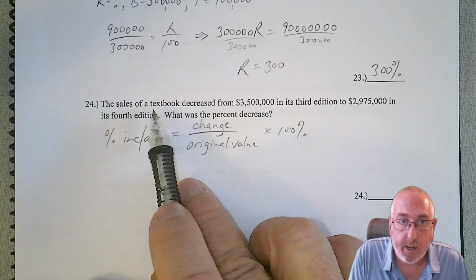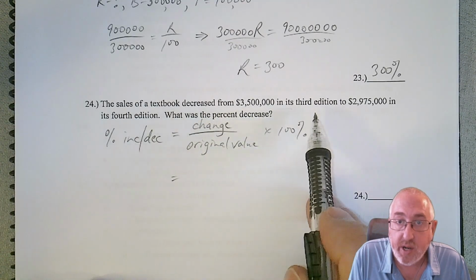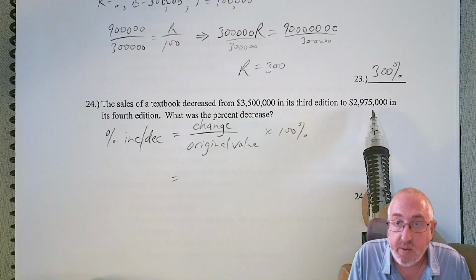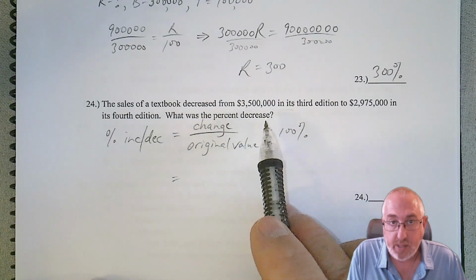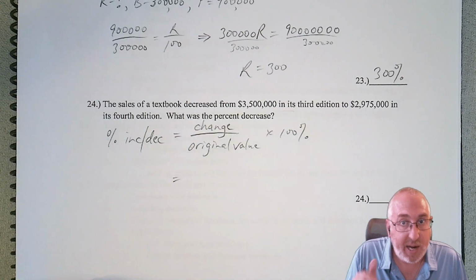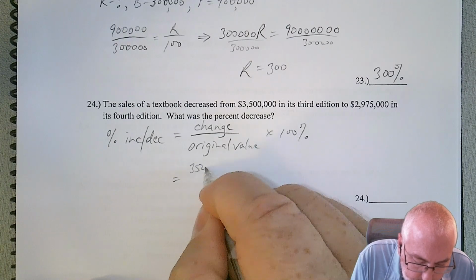So let's read through it real quick. The sale of textbook decreased from 3,500,000 in its 3rd edition to 2,975,000 in its 4th edition. What was the percent decrease? So the first thing is that change, that difference. So we want to subtract those two numbers.